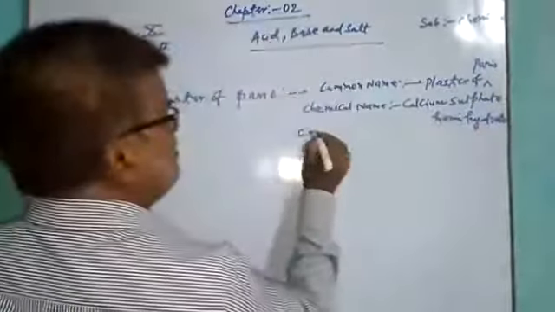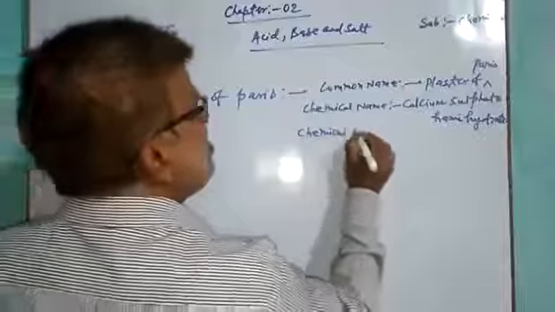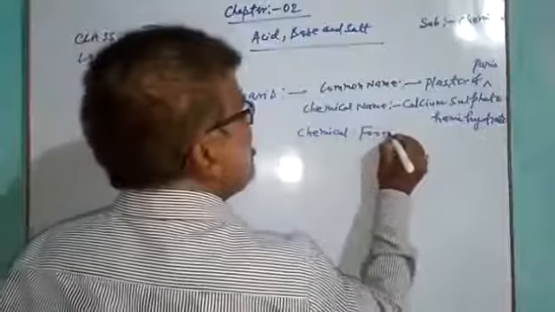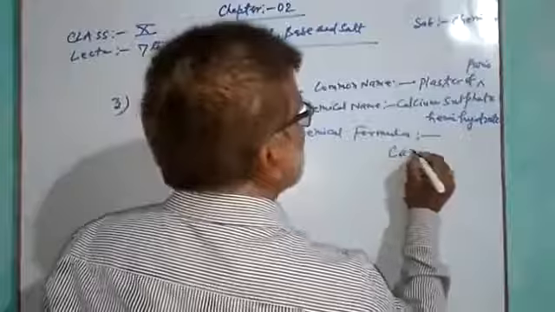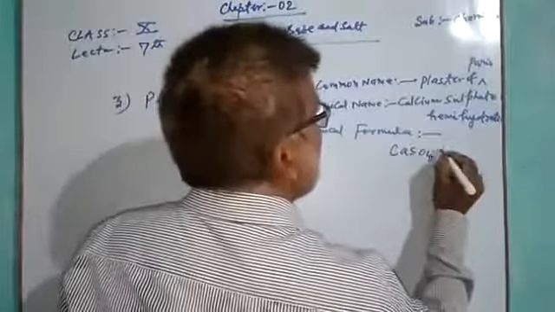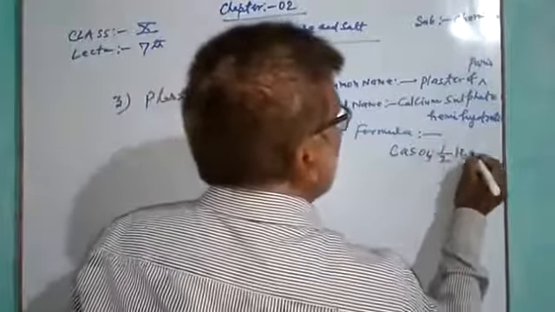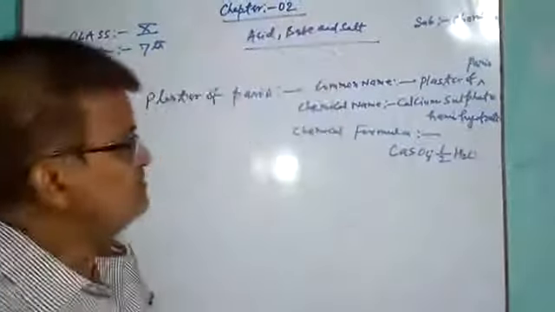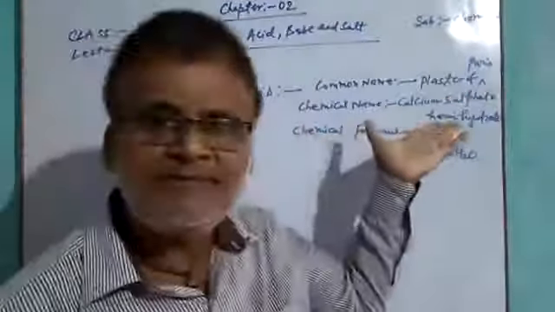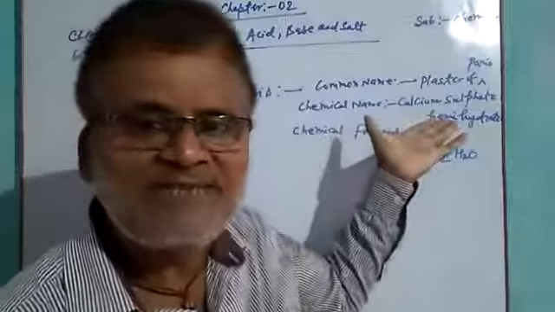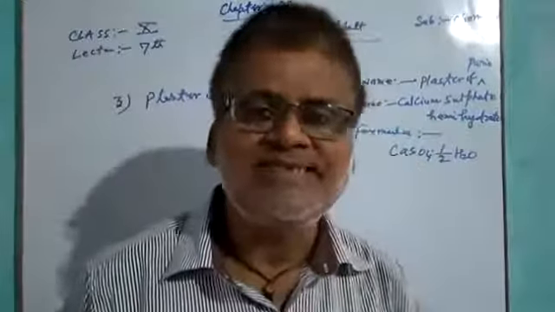Chemical formula: CaSO4 half H2O. The common name of plaster of Paris is plaster of Paris. The chemical name is calcium sulfate hemihydrate. The chemical formula is CaSO4 half H2O.